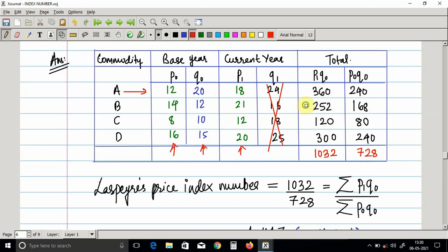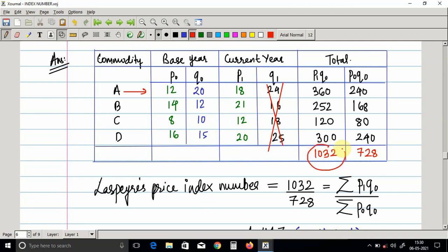So 252 rupees, this will be the current amount with 21 rupees as your current rate to purchase the old quantity. पिछले साल इतना खरीदा था, इस साल भी इतना ही खरीदना है, लेकिन रेट चेंज हो चुके हैं. So total bill कितना बनेगा वो देखो. So this is the total bill.